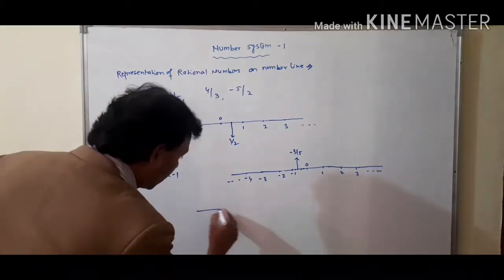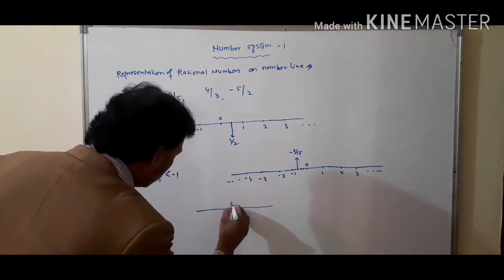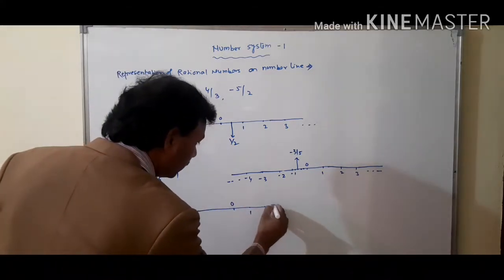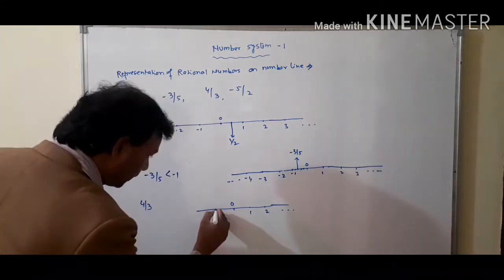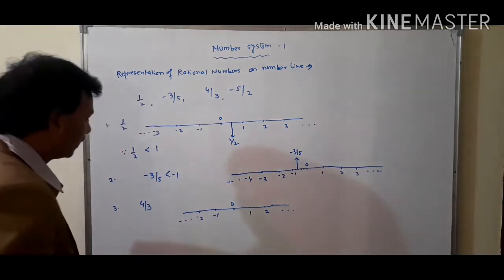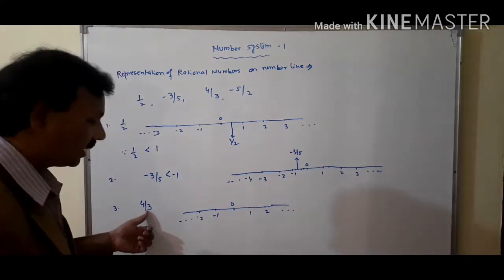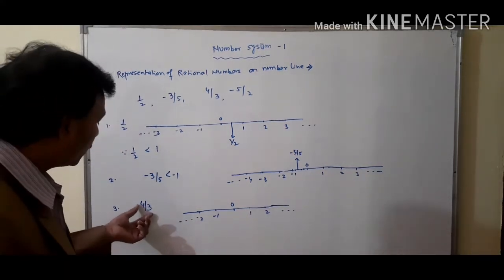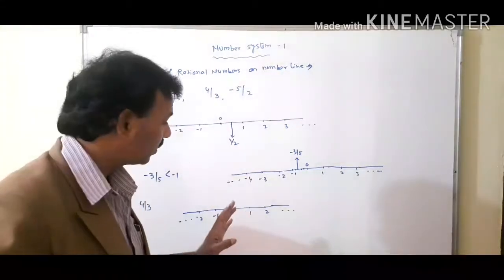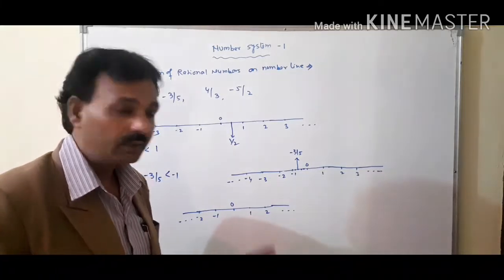If you draw a number line here, this is the 0, this is the 1, this is the 2 and so on, and on the left side minus 1, minus 2 and so on. Since 4 upon 3 is positive, its position lies on the right side of 0. First thing is decided.